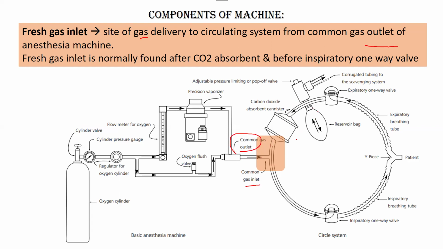It is found after the carbon dioxide canister, and before the inspiratory one-way valve, because the direction of this breathing circuit is like this. So it comes after the canister and before the inspiratory one-way valve. This whole area is the fresh gas inlet. Basically, it is a site of delivery to the breathing circuit.